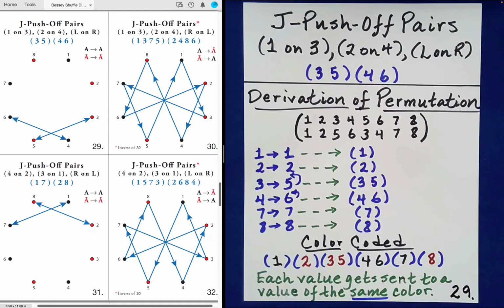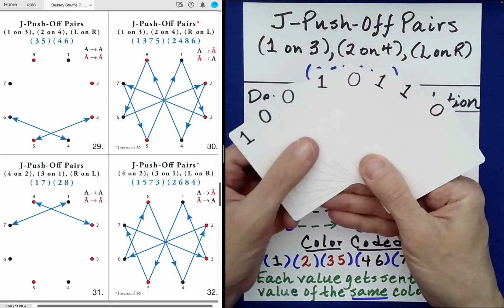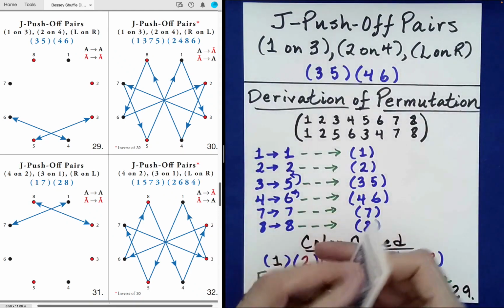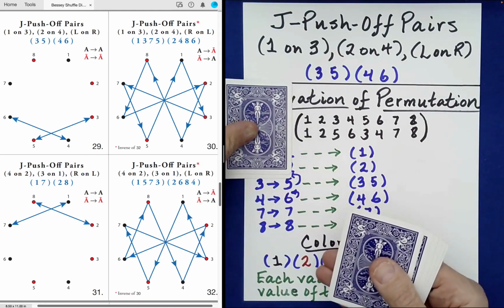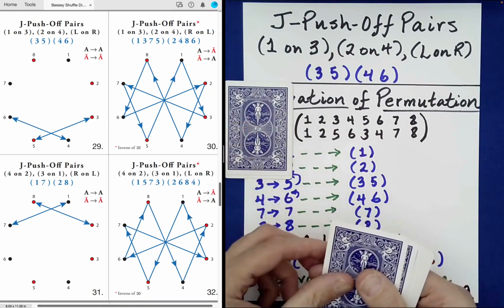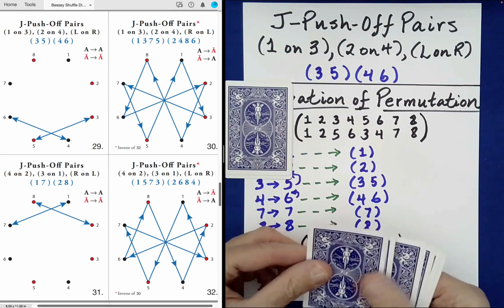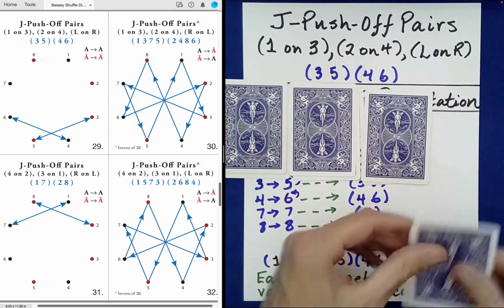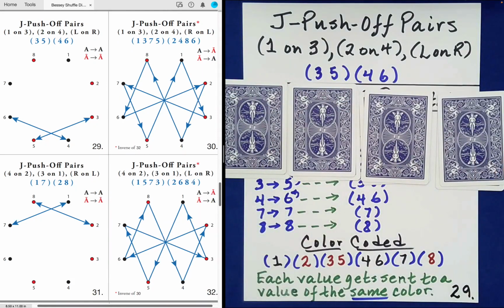Since inversion does not occur, we should be able to observe that with our Bessey sequence 1, 0, 0, 1, 0, 1, 1, 0. So what it means is if we perform this shuffle, we will again get that same sequence form 1, 0, 0, 1, 0, 1, 1, 0. So let's go ahead and just demonstrate that. I'm just performing this judicious push-off pairs a second time.